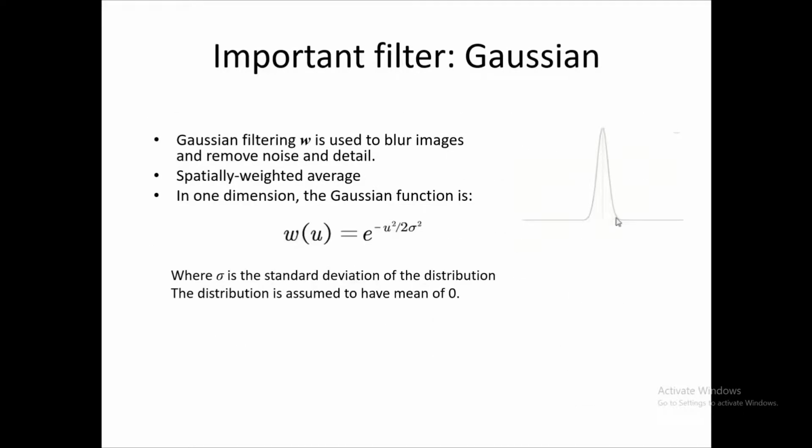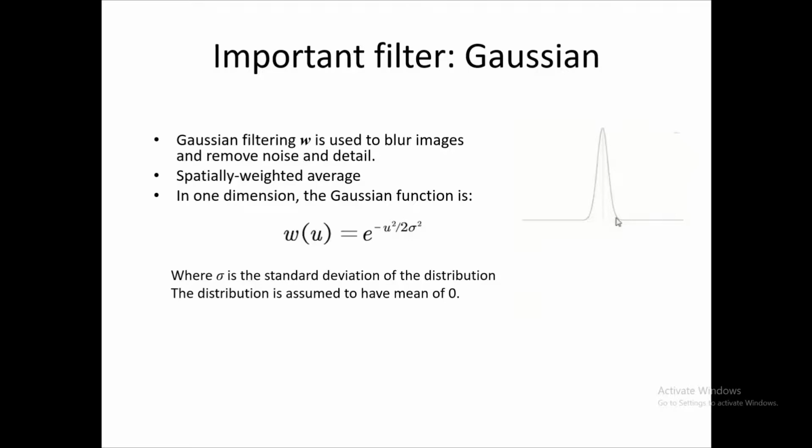One example of this type of filter is the Gaussian filter, and it's also used to blur images and remove noise and detail.